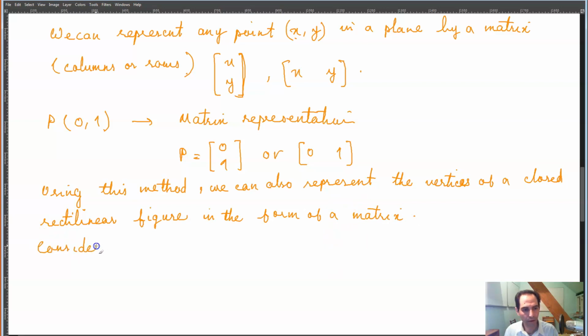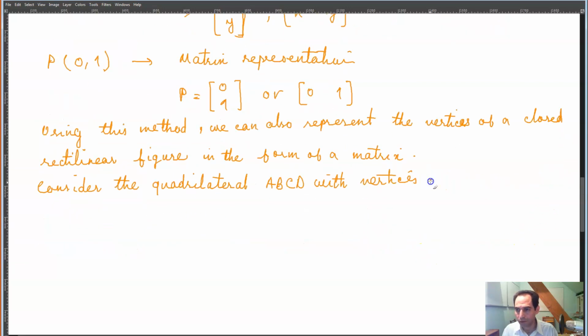For example, consider the quadrilateral ABCD with the vertices, for example, A is 1, 0, B is 3, 2, C is 1, 3, and D is basically -1, 2.